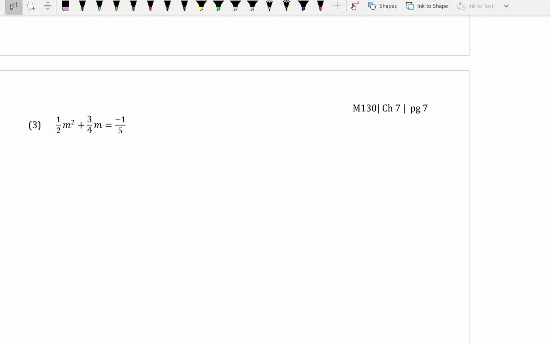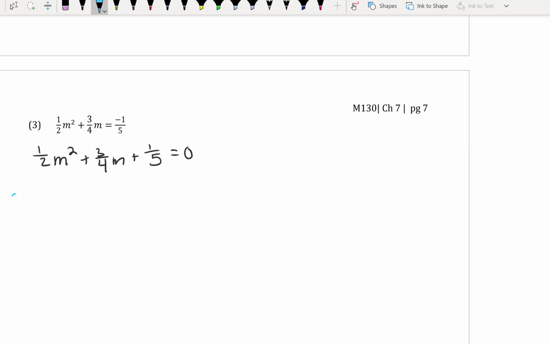For number 3, it's almost in that general form. I need it to equal 0, so I'm going to add the 1/5. So I'm really going to have 1/2 m squared plus 3/4 m plus 1/5 is equal to 0.